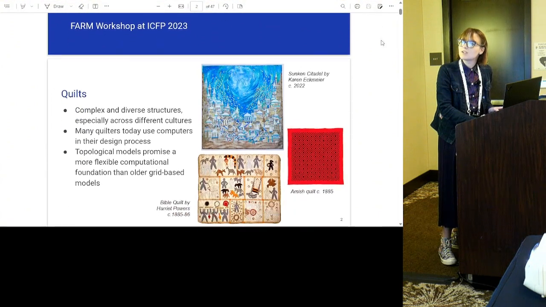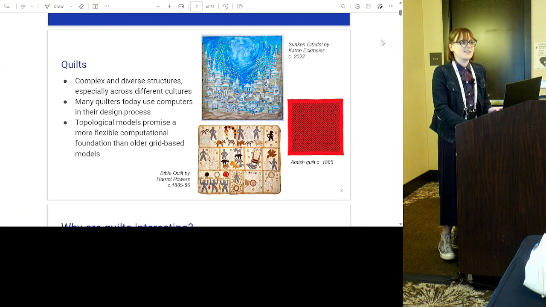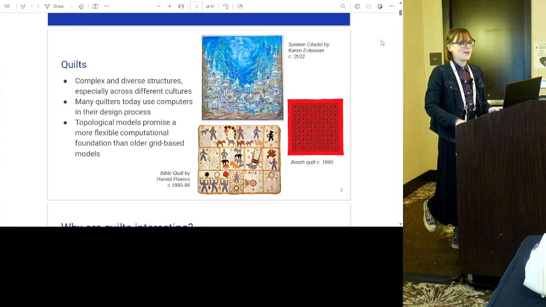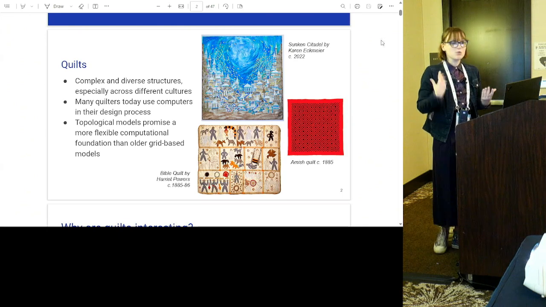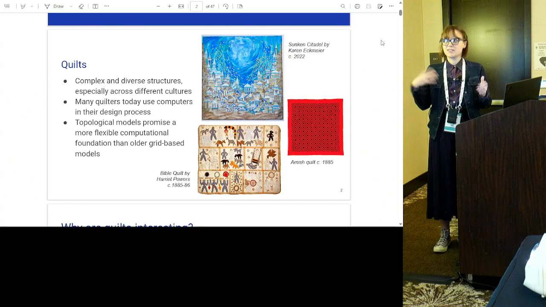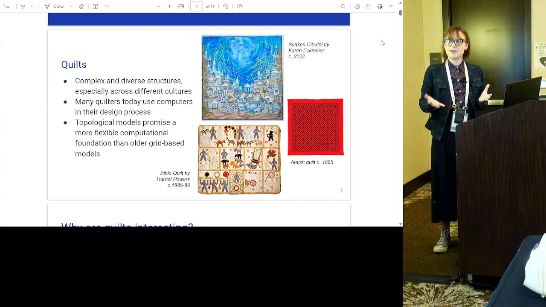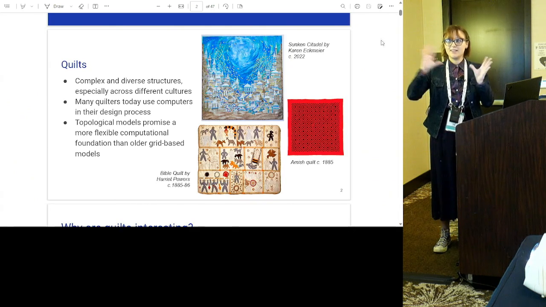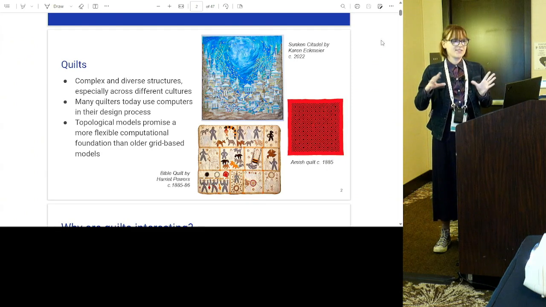quilts. So quilts are really complicated structures, and they have a huge variety of forms that they can take. Many quilters today use computers in their design process, but there's a huge range of outcomes. So if we look at our pictures here, these are all quilts, right? From different time periods. We have one contemporary quilt by Karen Eckmeyer, with a very interesting city design.